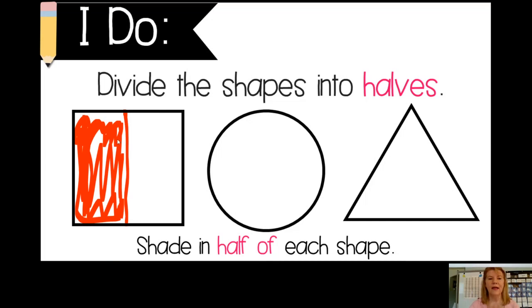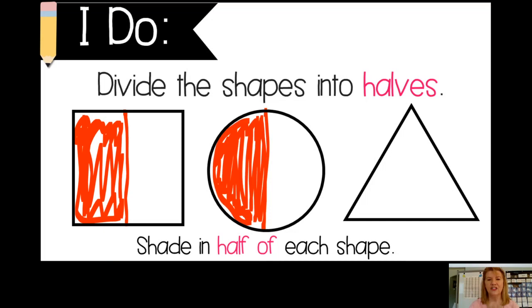I'm going to shade my half a square, and I'm going to put a dot at the top of the circle and a dot at the bottom of the circle to start the process of dividing my circle in half. And now I'm going to draw a line and shade. A triangle, you put a dot at the vertex at the top and then a dot in the middle of the line on the bottom or side.